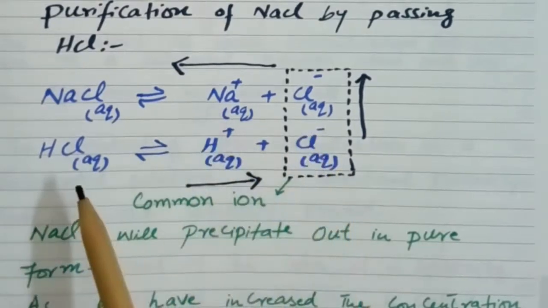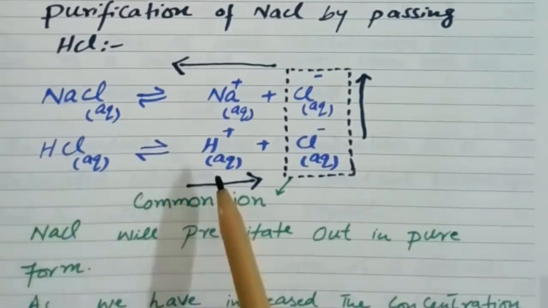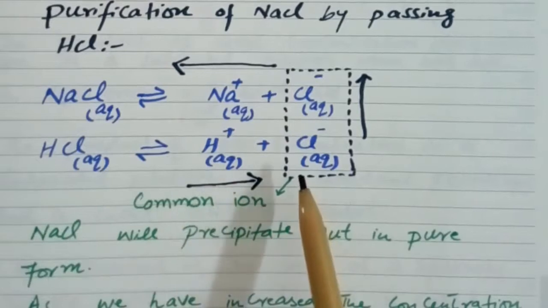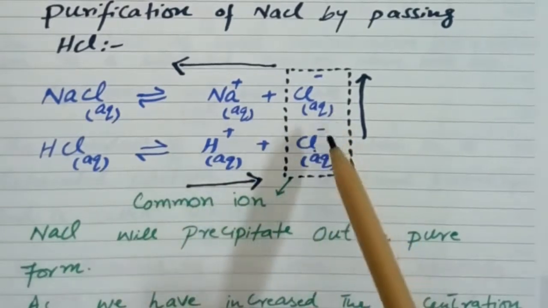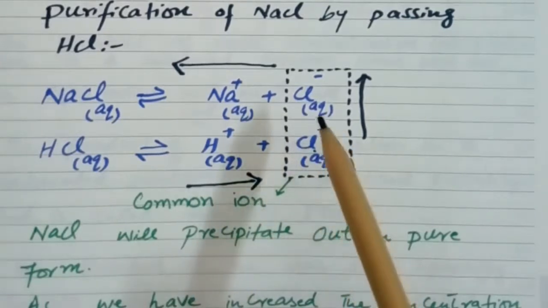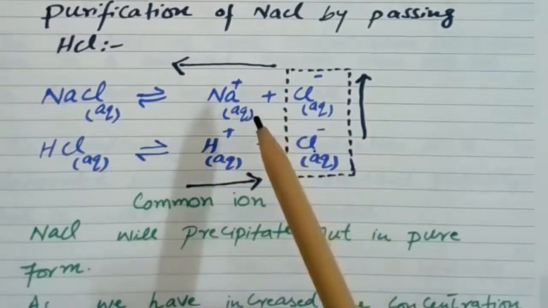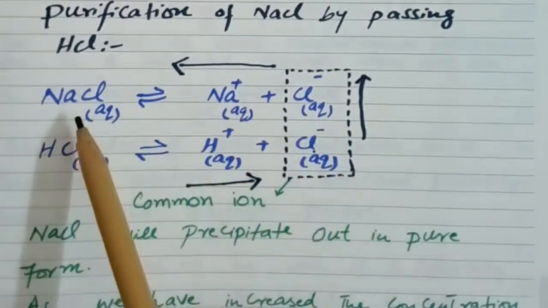When HCl gas is dissolved in this solution, it becomes an aqueous solution and will dissociate to form hydrogen ions and chloride ions. Again, chloride ion is common in both cases. So due to the addition of chloride, the sodium ions and chloride ions will react together to form sodium chloride.